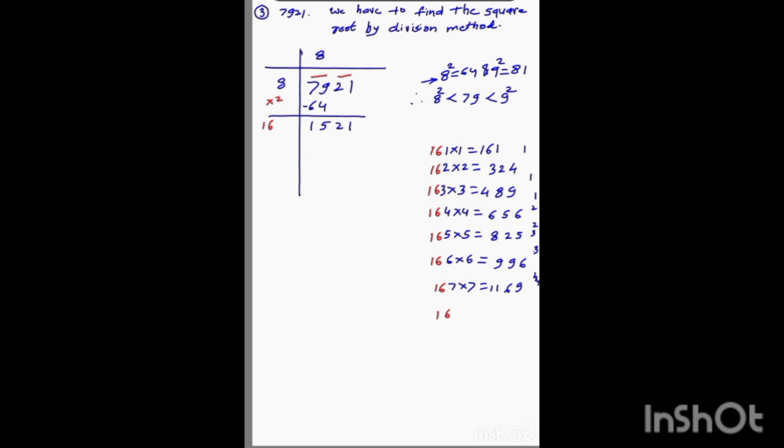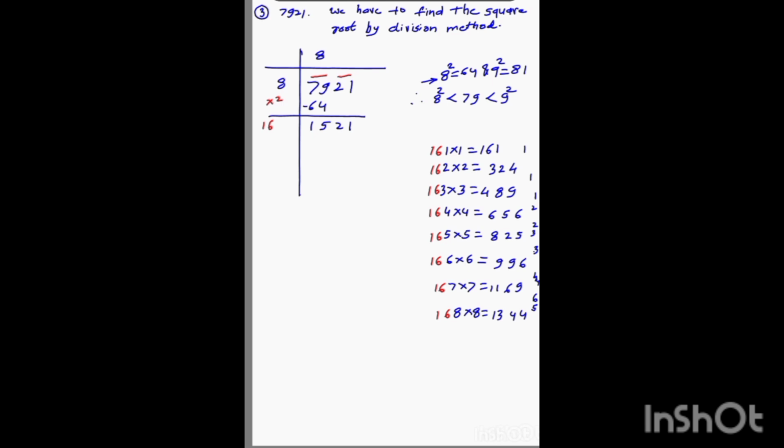168 into 8. That will give you 4, carry 6, then 6, carry 54, 45, and 1344.